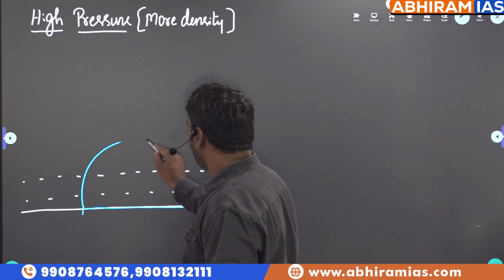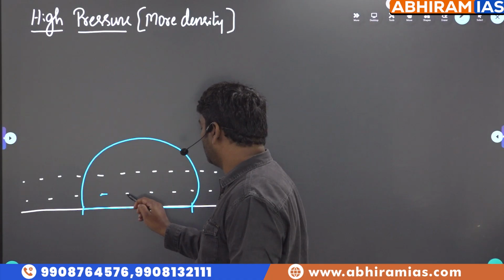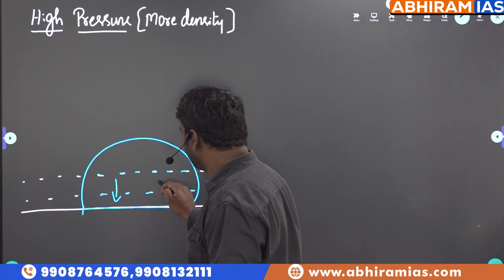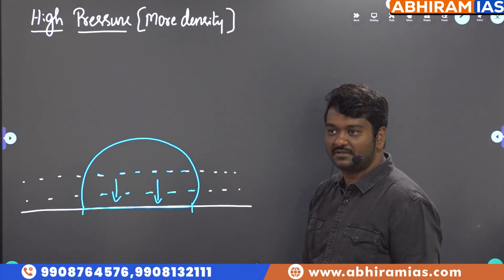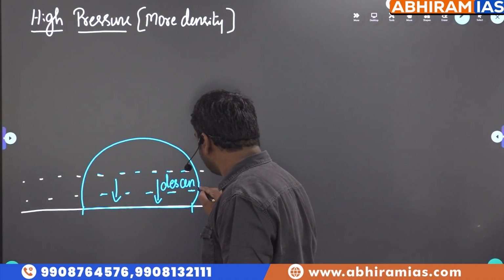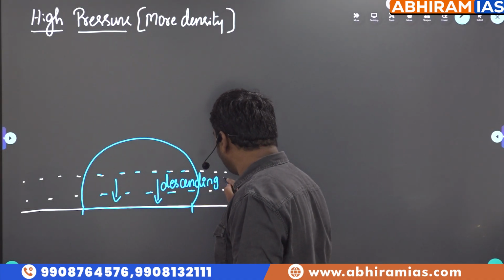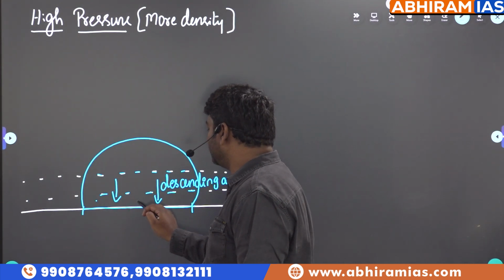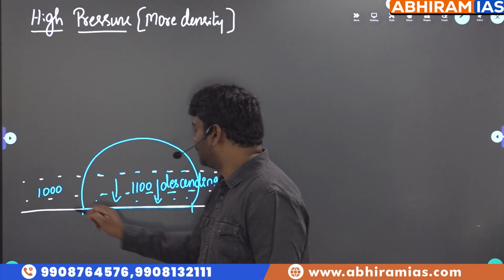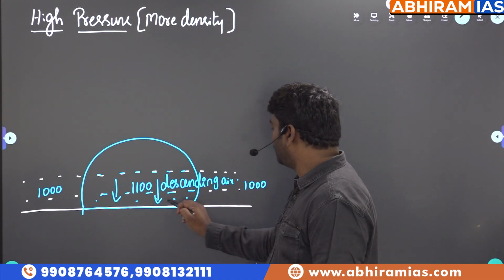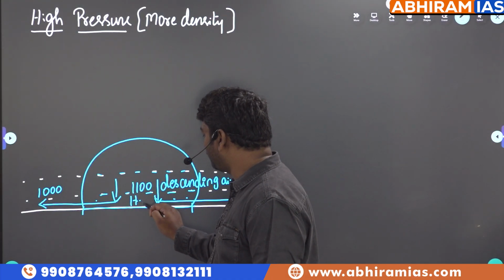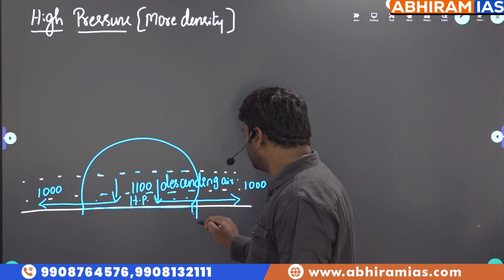If land is cold, air above the land will become cooler. And what will happen to the cold air, guys? Descends. If air descends, the number of particles increases. So what will happen if the number of particles increases? Yes. Can I say more number of particles means high pressure? What is this phenomenon?